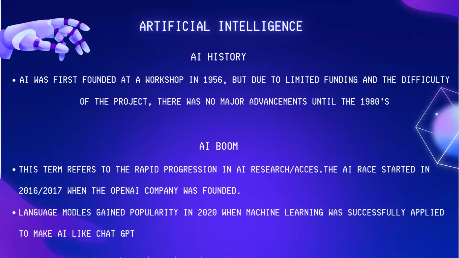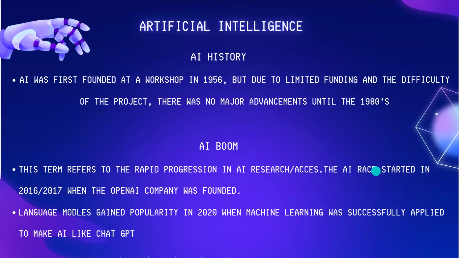People started, but there was very limited funding for developing it. Then some major advances came in the 1980s when Britain and America started pouring funds into getting AI off the ground. But I think all of us here know AI more for ChatGPT and those types of things.